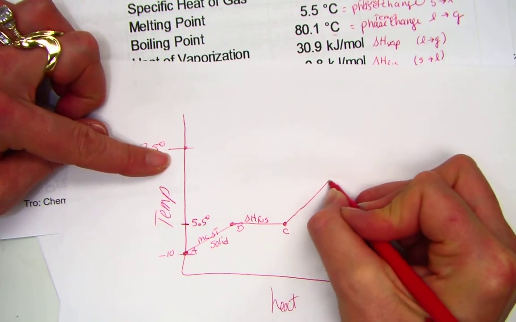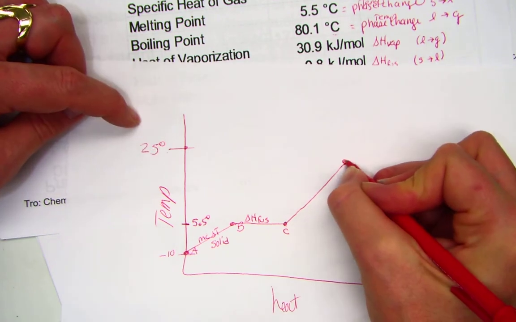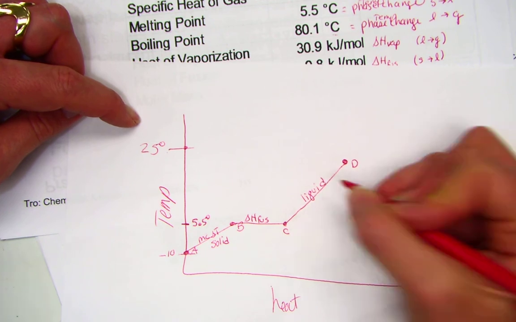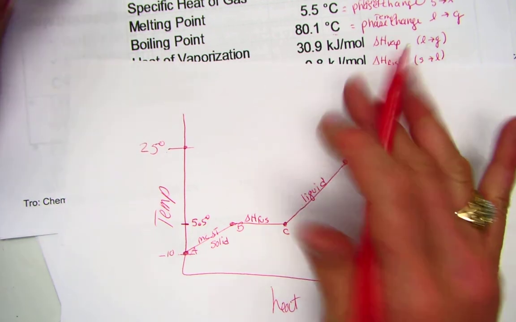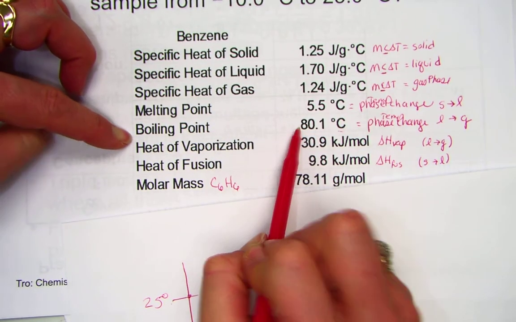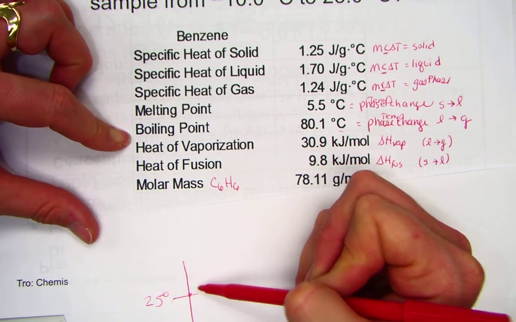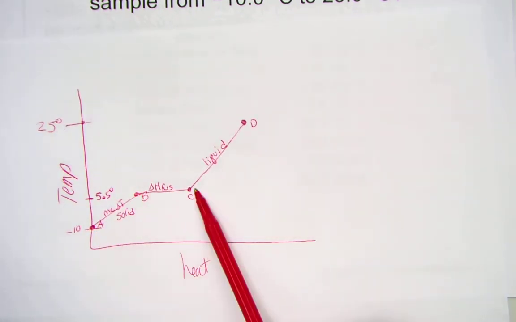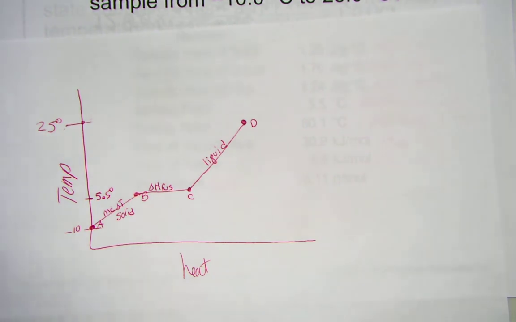So I have one more line segment, terminating at point D, just warming up the liquid phase to 25. I don't have any more phase changes because the next one occurs at 80 degrees. So our problem has 1, 2, 3 separate line segments. Finding the total heat will just be the sum of those 3 parts.